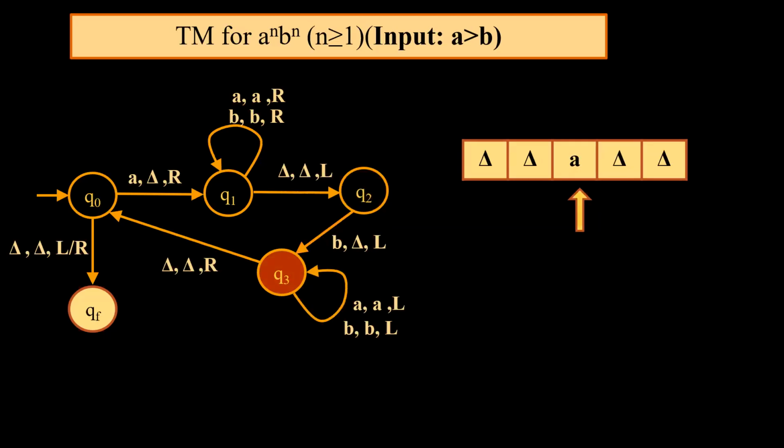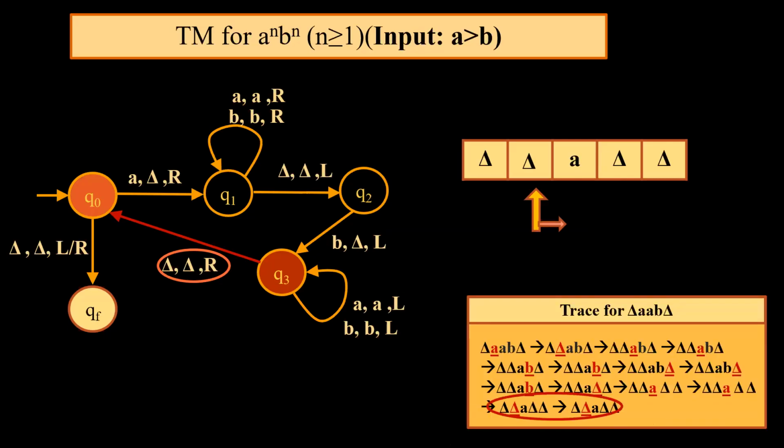On moving left, we will not make any change in small a or small b. They will remain intact. We try to identify where is the end marker on the left side. The moment we come across delta, that means we have reached the end marker on the left side. And now without changing it, we will move towards the right.